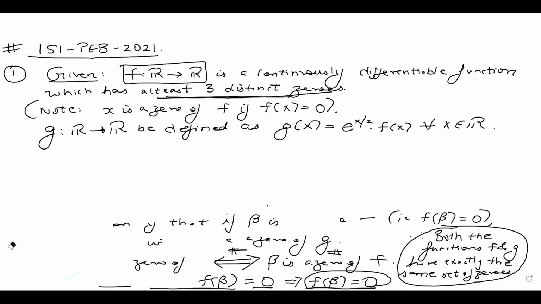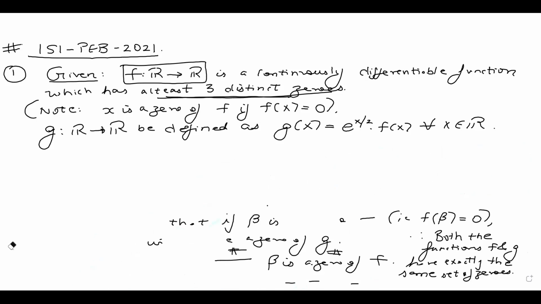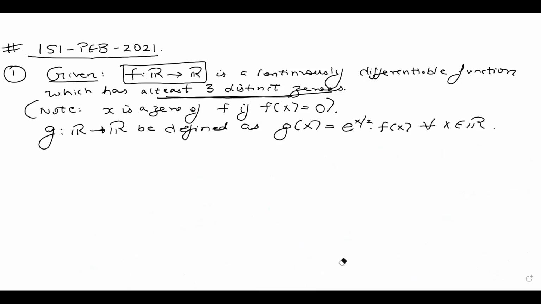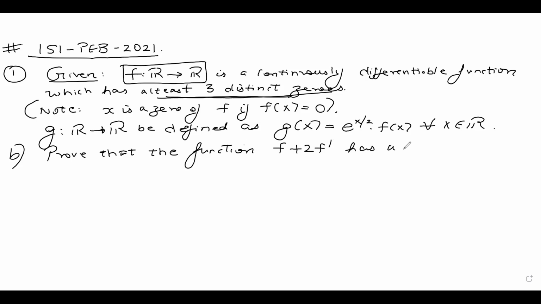Let's look at part B. Okay, so part B is asking us now to prove that the function f plus 2f dash has at least two distinct zeros.